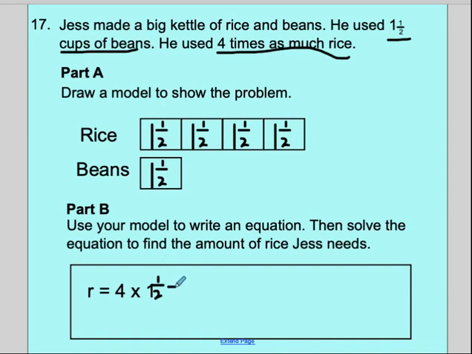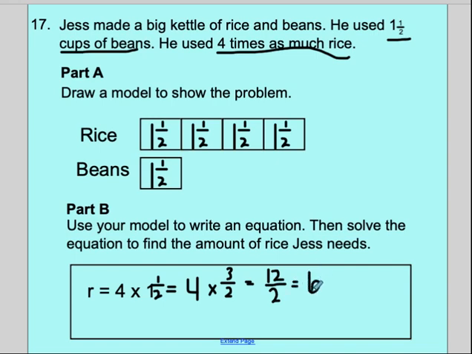Okay, so maybe we're going to do that, and now we're going to solve. So let's do 4 times 1 and 1/2, which is the same as 4 times 3 halves, which would equal 12 halves, and then we're going to put our halves on there, which is the same as 6.